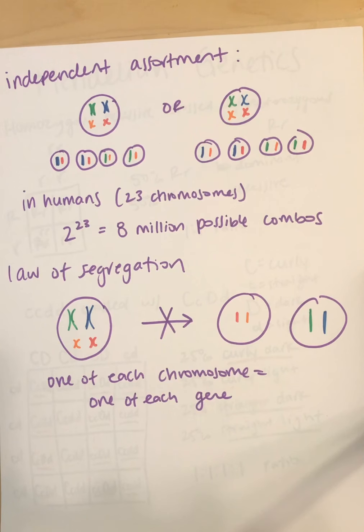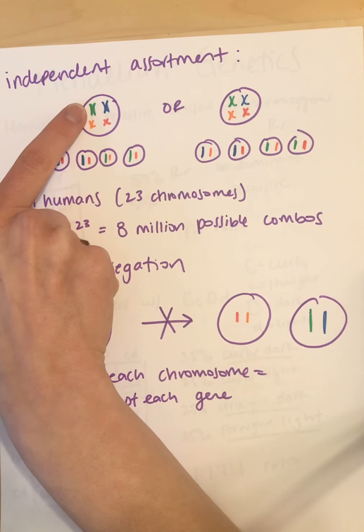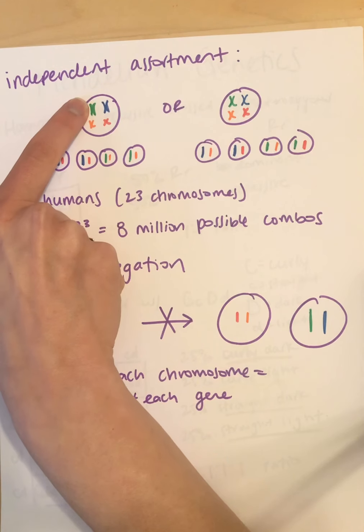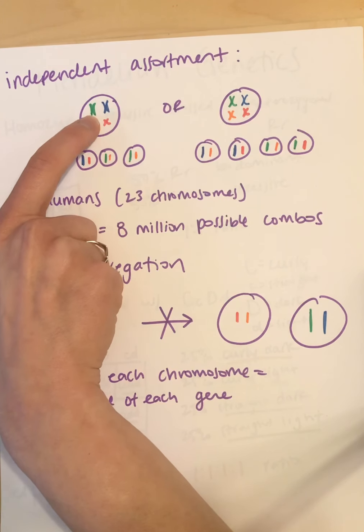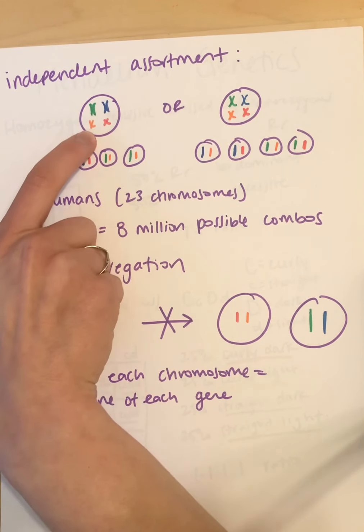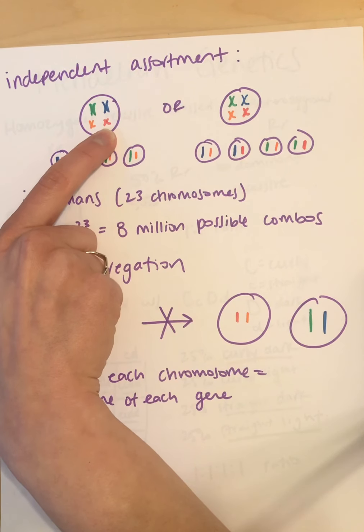Independent assortment is the idea that the chromosomes in our cells can sort independently. So, for example, if I have two chromosomes in my cells, chromosome 1 and chromosome 2. I represented chromosome 1 as green and blue, chromosome 2 is orange and red.